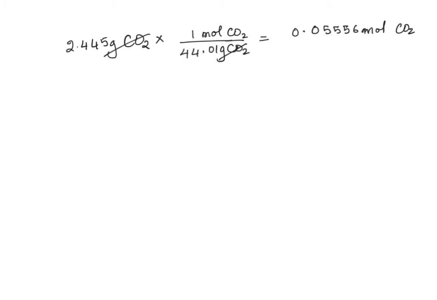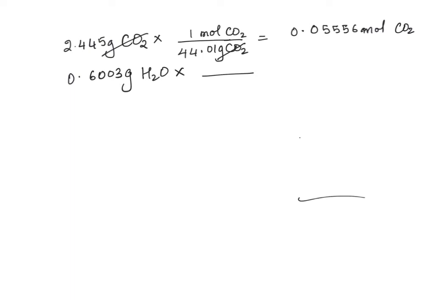In the same way, 0.6003 grams of water, you're converting this to moles from grams, so you use 18.02 grams, which is the molar mass of water, equal to 1 mole of water. When you convert 0.6003 grams to moles, you will get 0.03331 moles of water.